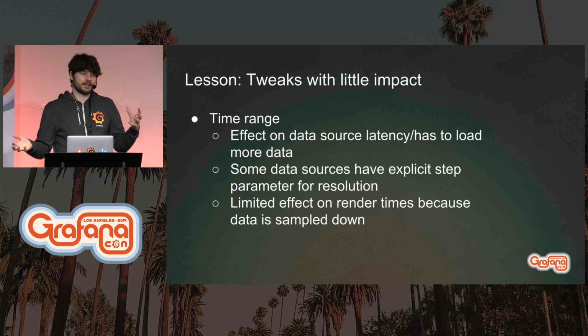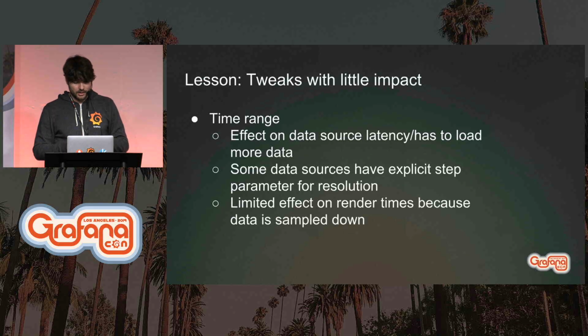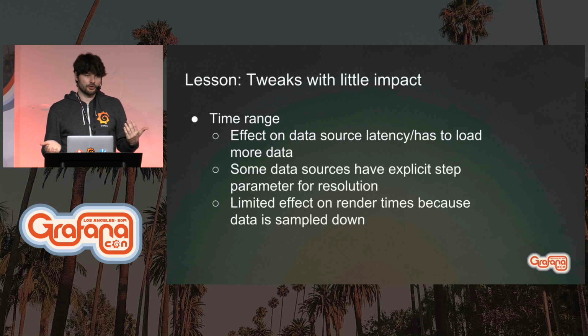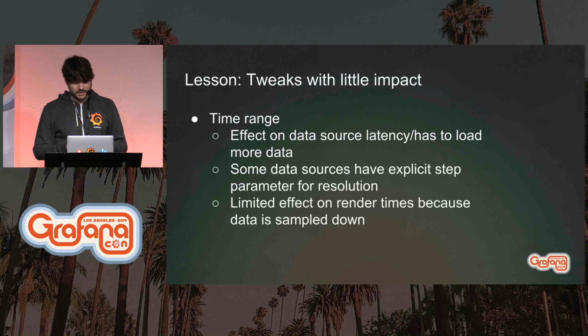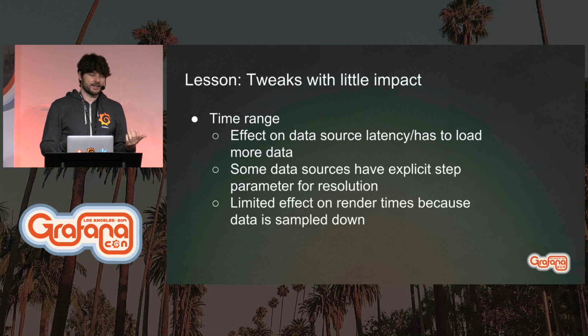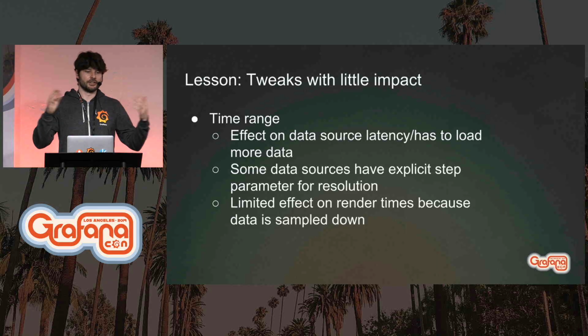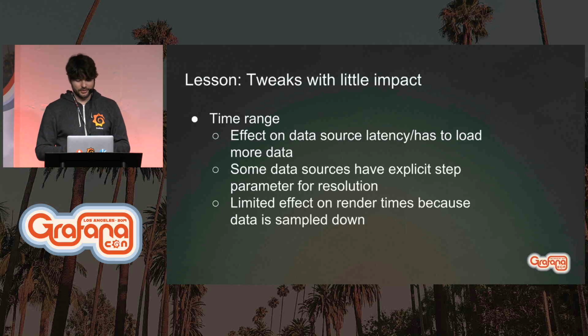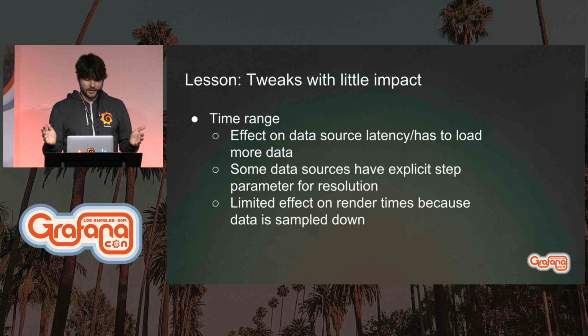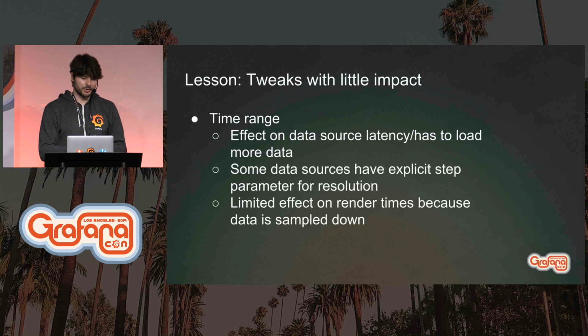Usually the data source is doing some sort of downsampling, or the front end, and so just choosing a shorter time range isn't really helpful there. Obviously, this breaks down if you're looking at a year as opposed to, I don't know, the last 3 hours. But if you had to choose between 3 hours and 6 hours, it probably makes little difference.